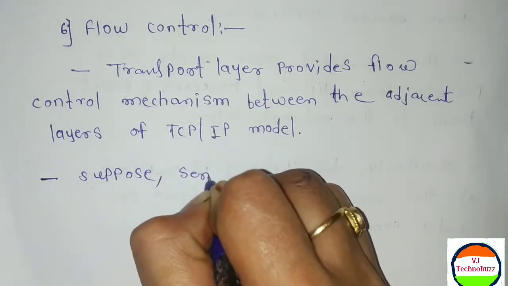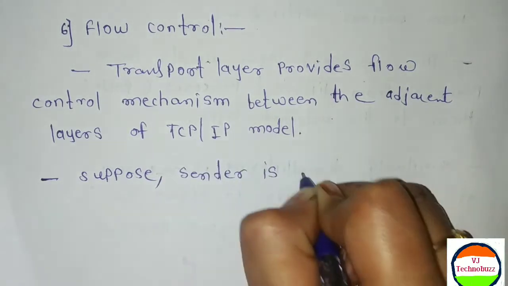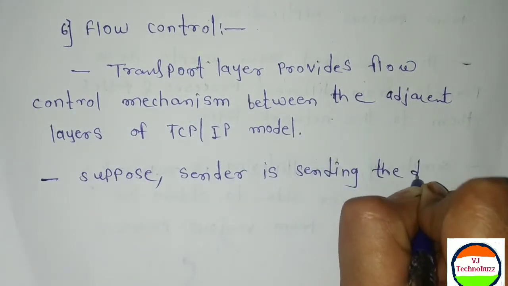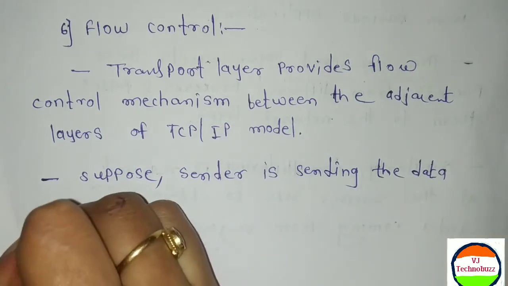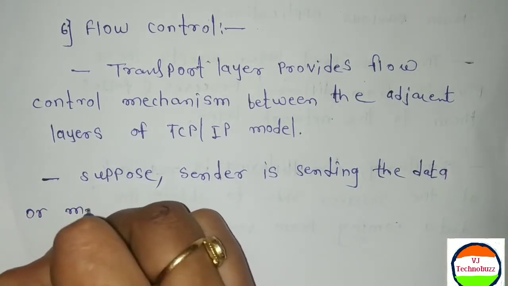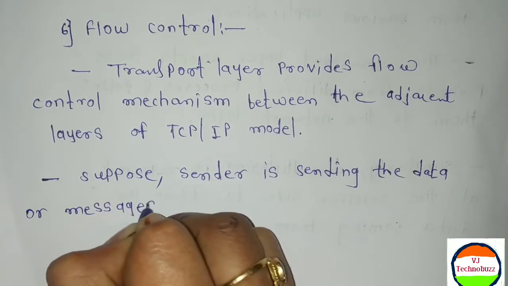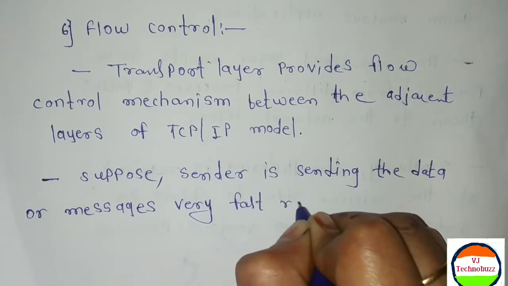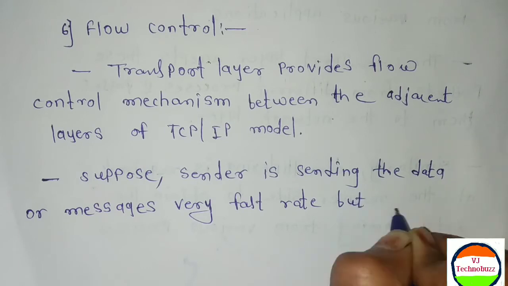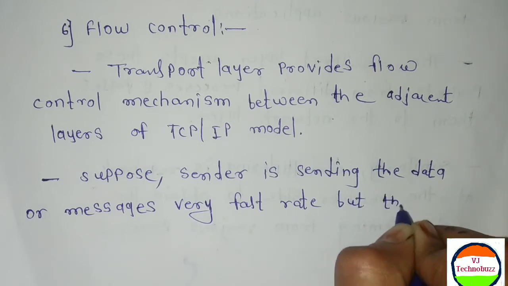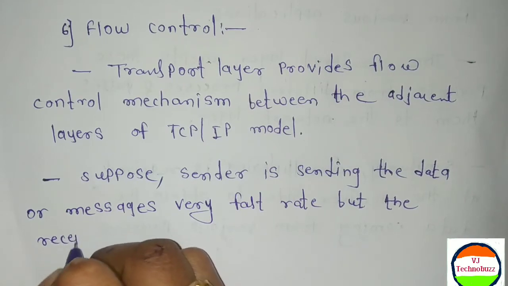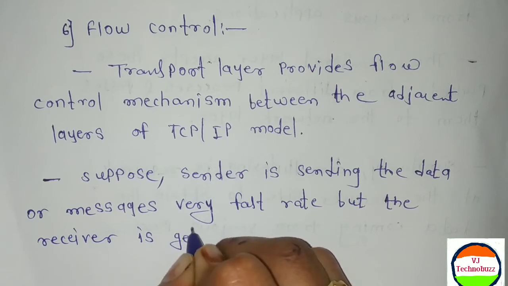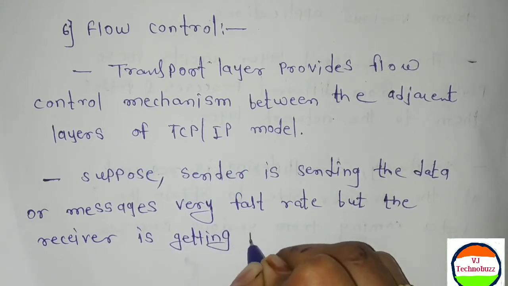Suppose sender is sending the data or messages at a very fast rate, but the receiver is getting it at a slow rate.